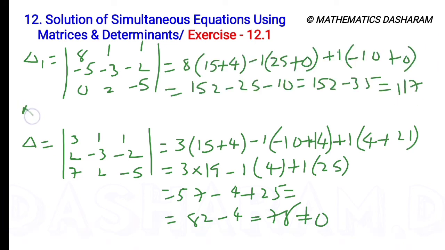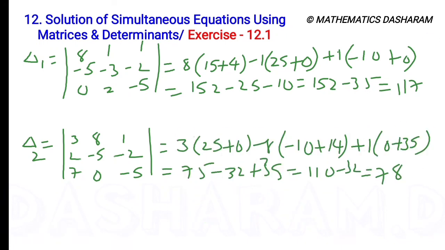Next, delta 2: replace the second column with the constant numbers. The constant numbers are 8, minus 5, 0, and find its determinant. So delta 2 equals 78.